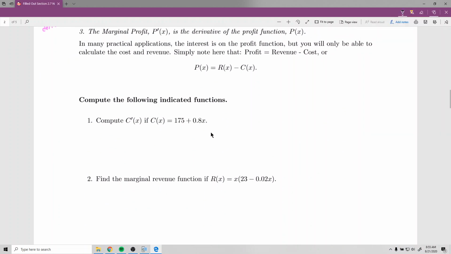All right, so the first one says compute C prime of X if C of X is 175 plus 0.8X. So we want to do the derivative. Right, so C prime of X, we do the derivative of each part.